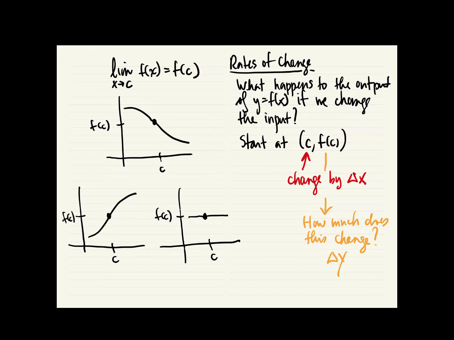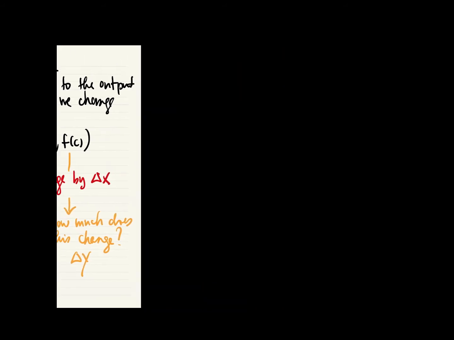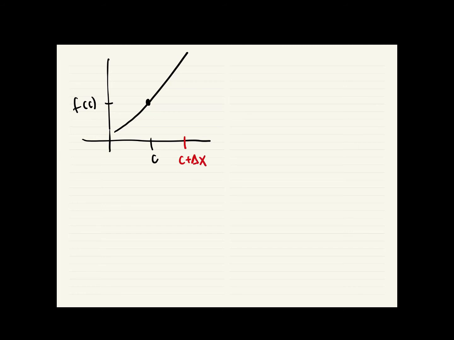So let me draw a picture of what's going on here. Suppose we have a situation where our function looks like this, and I'm going to add a delta x onto my input. So in the picture, this distance is delta x.